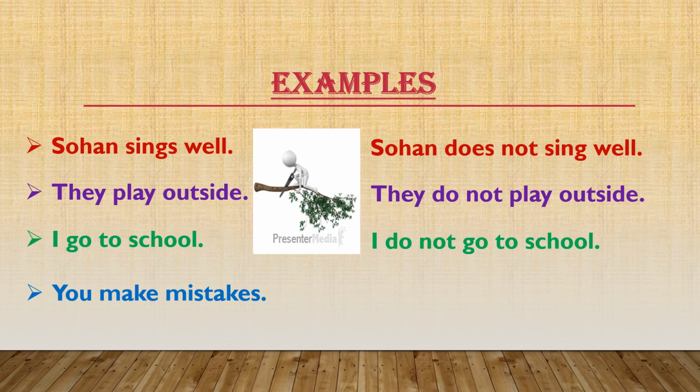Now find the subject here. Yes, the subject is you. Again, just follow step number 6. Step number 6 says, in case of you, you will have to use do not. So your sentence will become, you do not make mistakes.